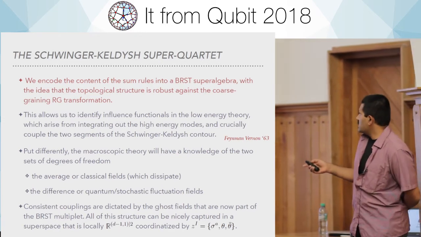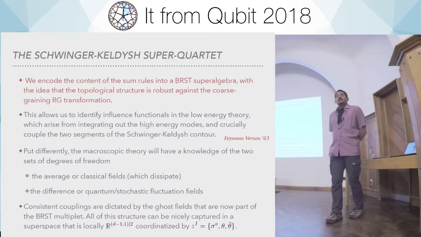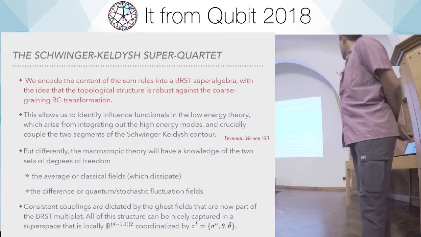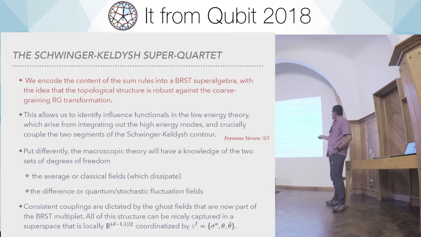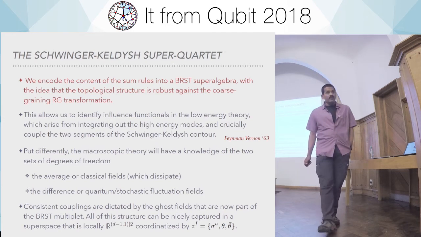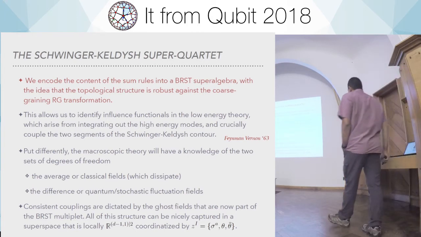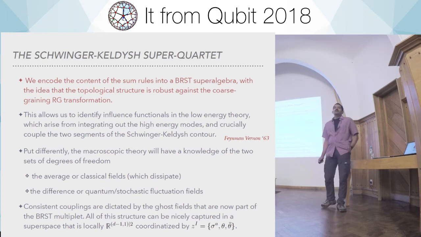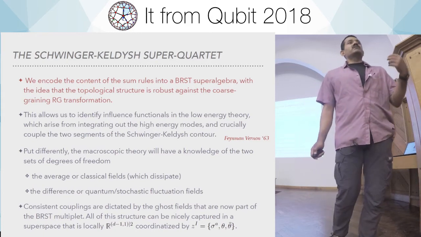And indeed, it turns out that the right structure is to encode the Schwinger-Keldysh construction in the framework of a BRST superalgebra. What that does for us is that it will allow us to write down the correct right-left couplings and write down what, in a language that was introduced by Feynman and Vernon, are called influence functionals that are relevant in the low energy theory, but these influence functionals will respect the microscopic constraints of unitarity.